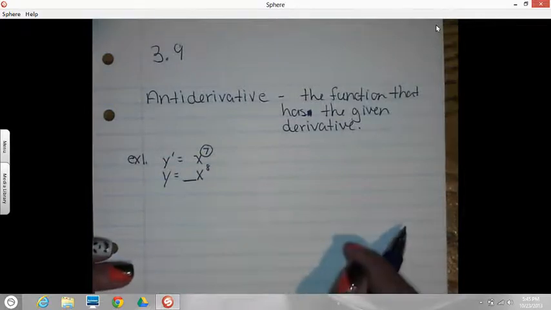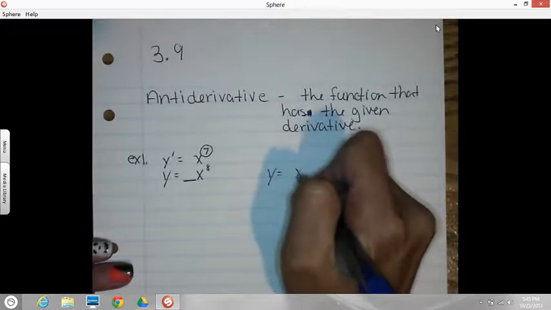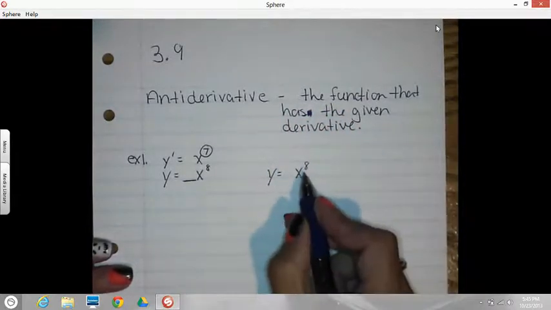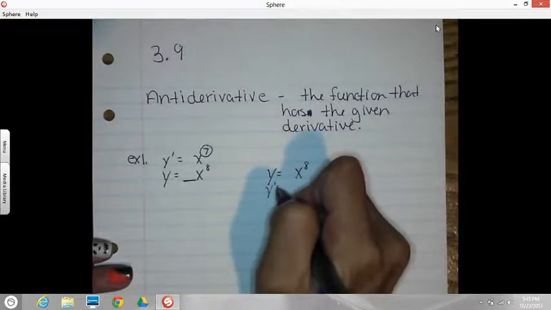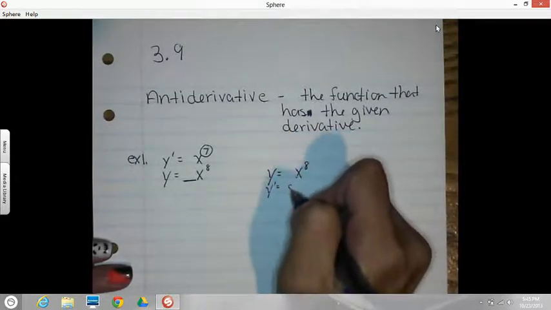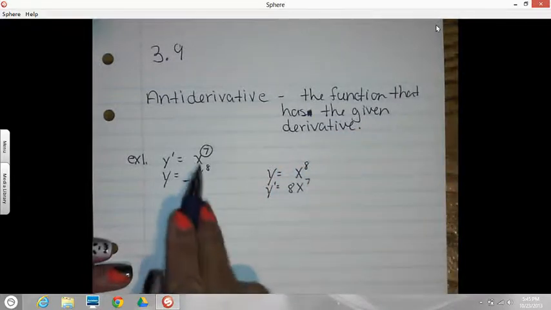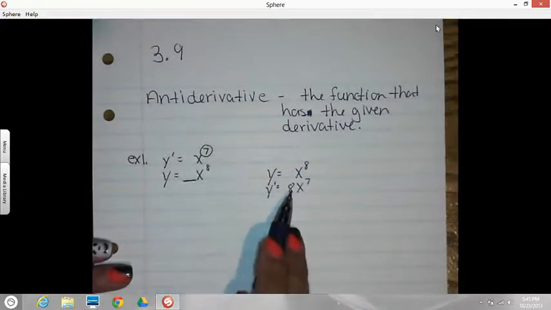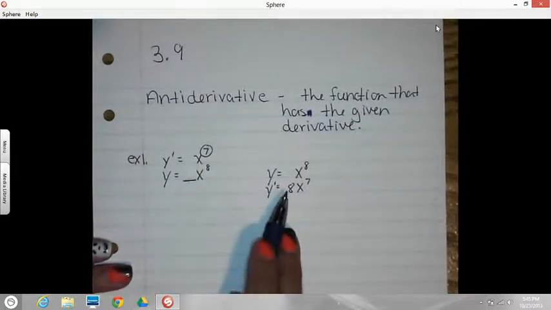So off to the side, I like to say, well, if I start with x to the 8th, just what I know it is, and I do the derivative of this, I'll see what I end up with. So if I do this derivative, that's going to be 8 x to the 7th. Well, if I look back, I just want x to the 7th. I don't want the 8 there. So what's the number that has to go in front that's going to cancel out this 8 that I get when I multiply down?